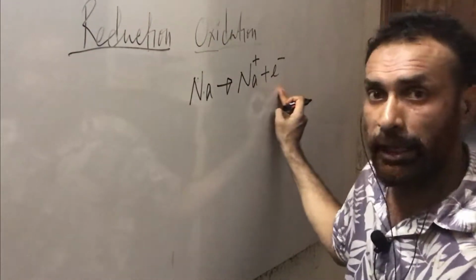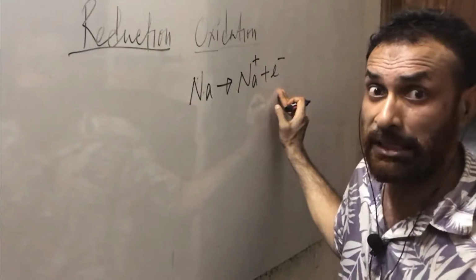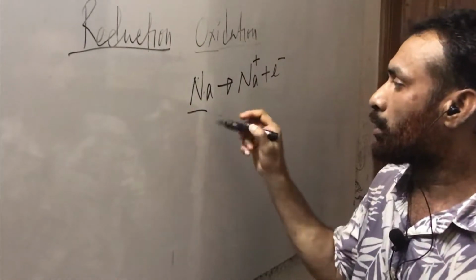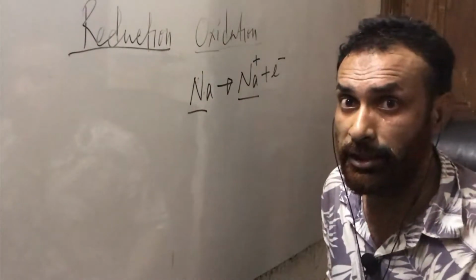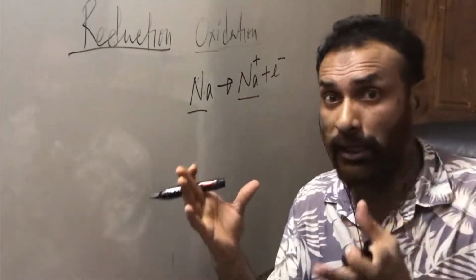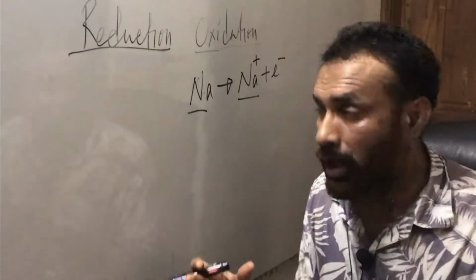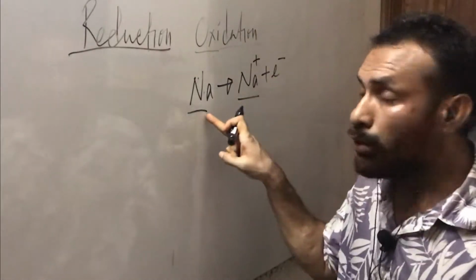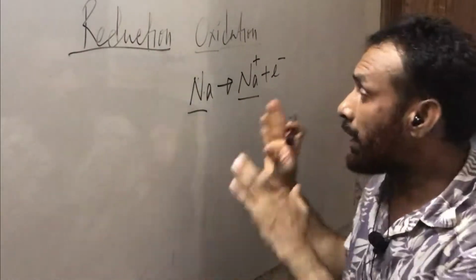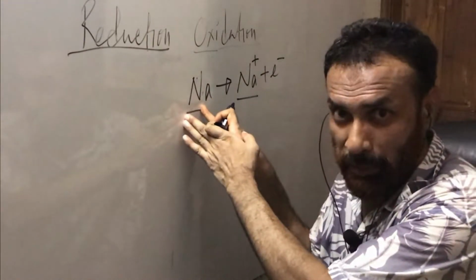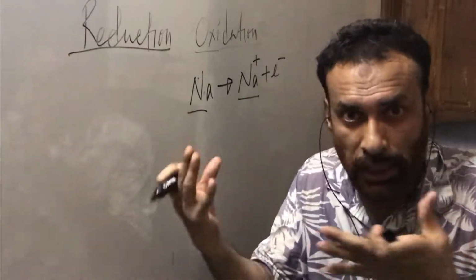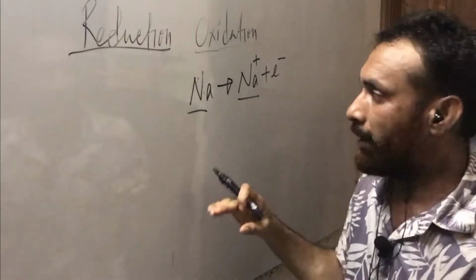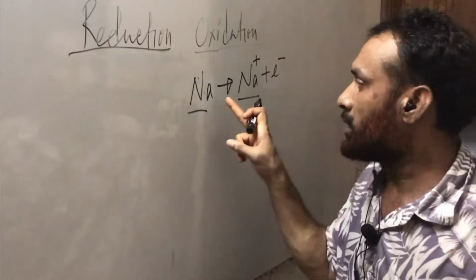So in terms of oxygen and in terms of electrons, the definitions are just opposite. Not only do we write the electron on the right side, we also get a big change in the sodium. Look, sodium on the left side is Na, and sodium on the right side is Na plus. Why does this happen? Because the electron it loses was negative. The sodium had this negative charge, the electron, and despite that, it was neutral.